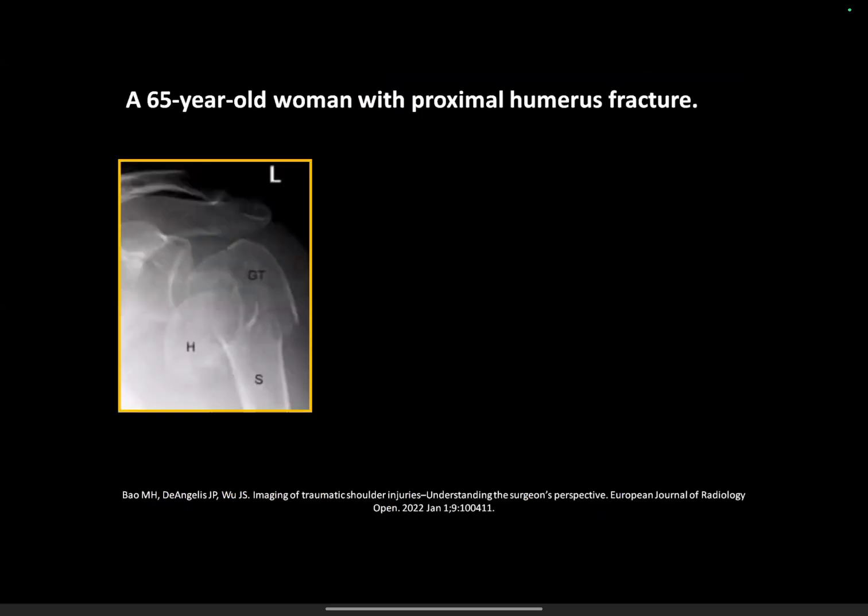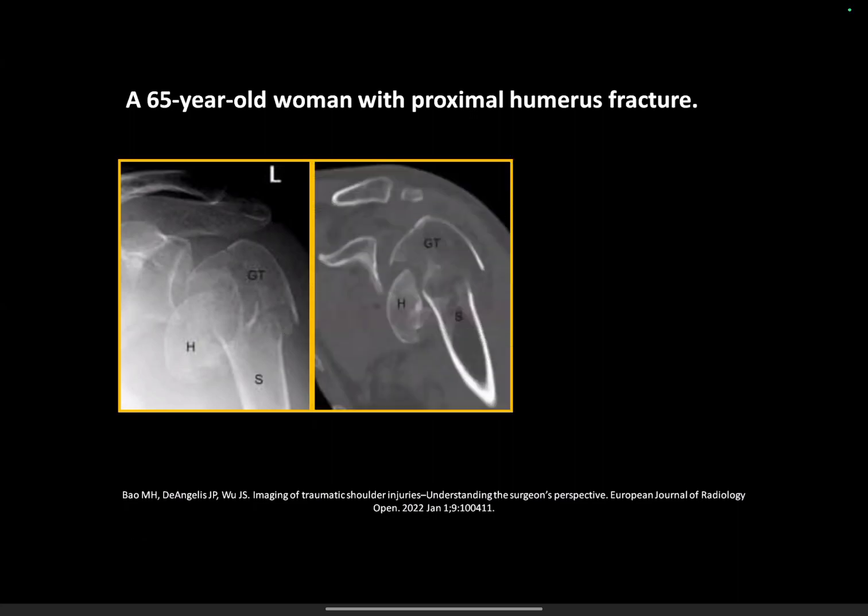This is an example of a 65-year-old female with proximal humeral fractures. As you can see, there is complete dislocation of the humeral head. It's a comminuted fracture involving the greater tuberosity as well as impaction at the level of the surgical neck.